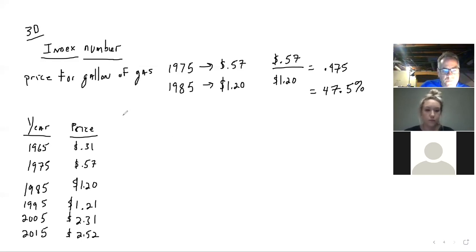Now, I have a third column. I'm going to go price as a percentage of 1985 price. So we already did this for 75.